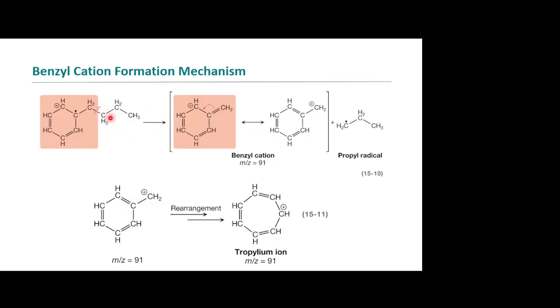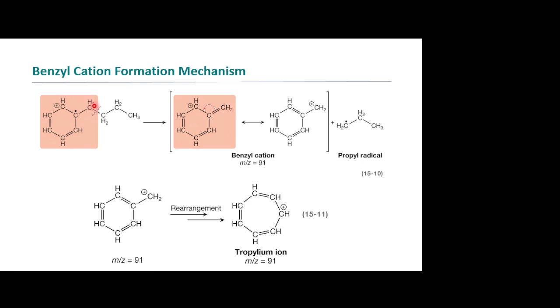So what you're going to see is that we're going to break the extra stuff off, leaving a single carbon off of that benzene. Remember that the benzene, if we left the positive charge only on the benzene, nothing else, we would actually break the aromaticity. So it always ends up that position off of the benzene ring.